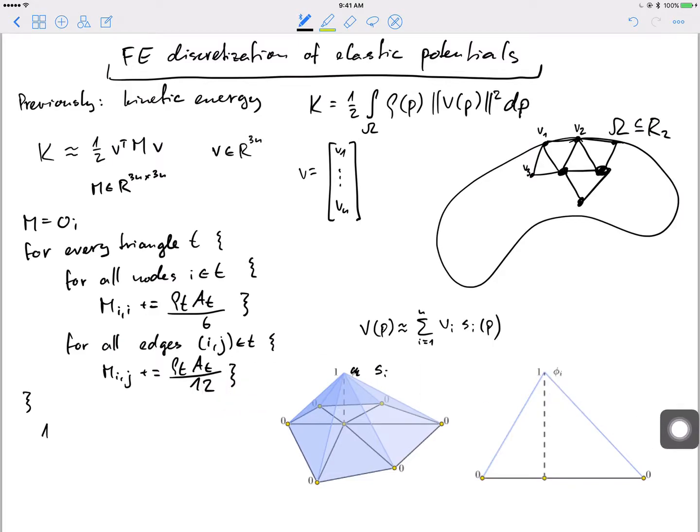So if I sum 1/6 plus 1/12 plus another 1/12, because every vertex i will have two edges, two j's, then on every row of the matrix you will have 1/6 and 1/12. So if you sum it, that's 1/6 plus 2/12, meaning 1/6, which means 2/6, aka 1/3. So instead of putting these off-diagonal elements, what the lumping basically means is this: you get rid of this and you replace this with 3.